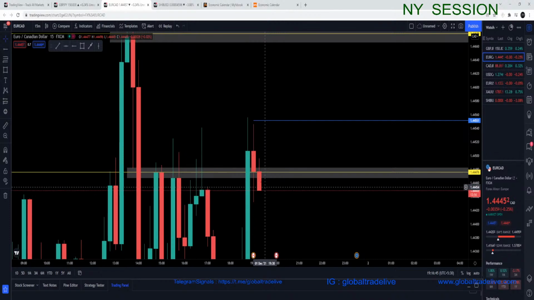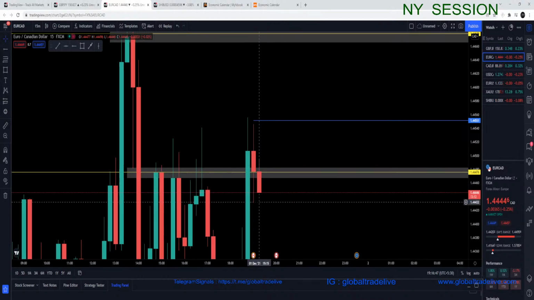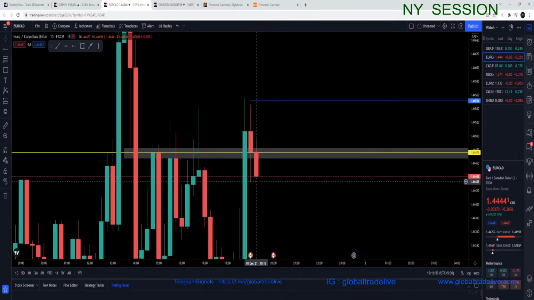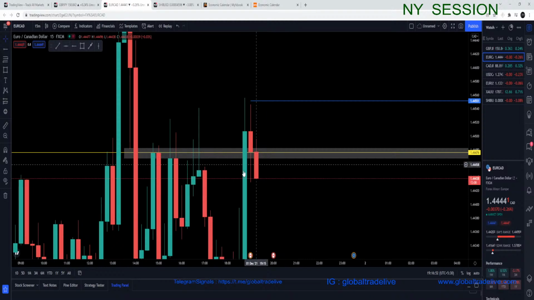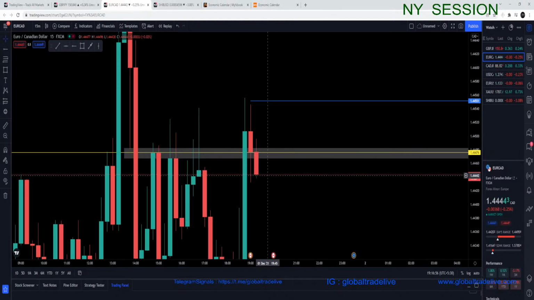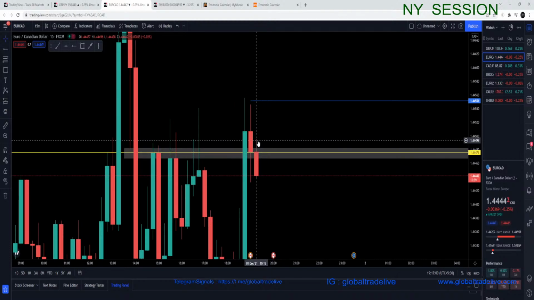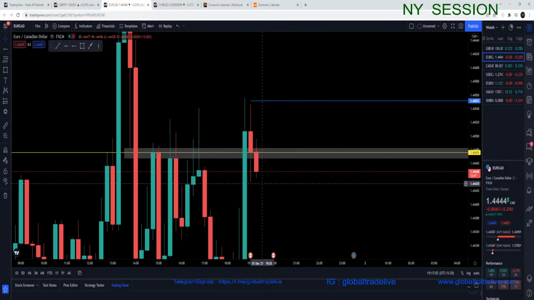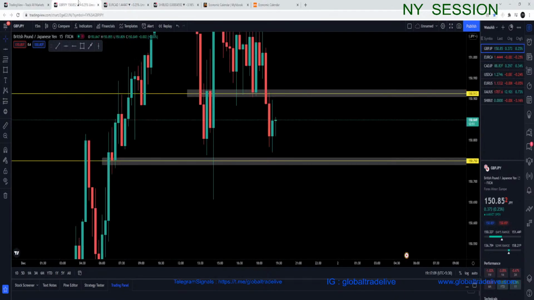So to continue moving up, this candle should respect the low of the previous candle, otherwise this will not be a good trade, not a good setup over here. Let's see if this candle reverses back or not.